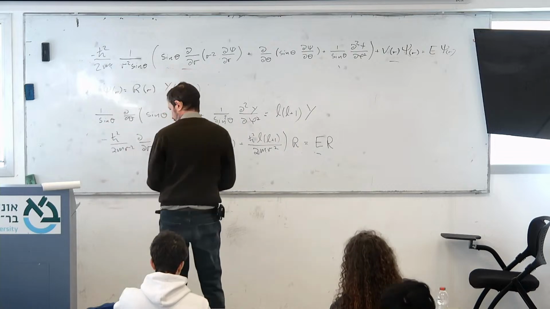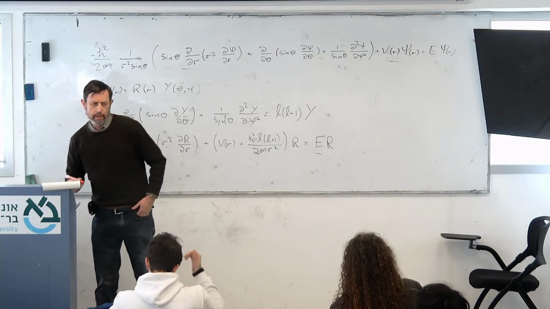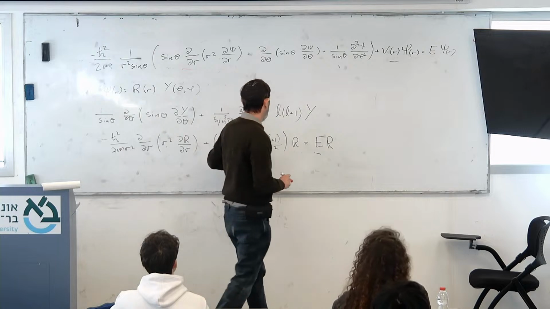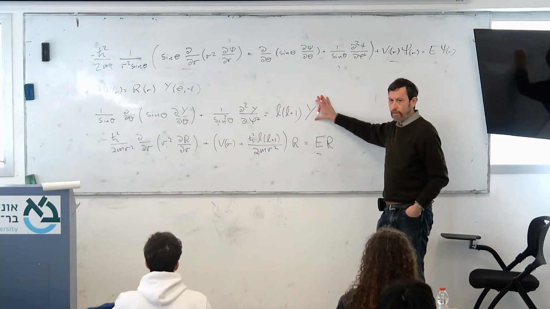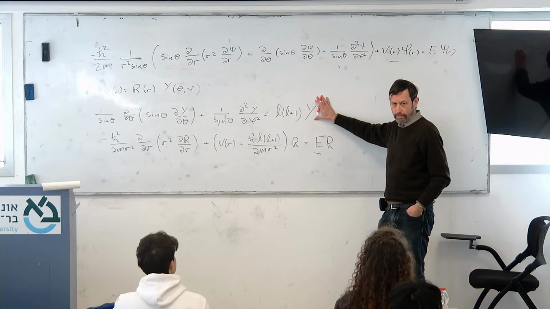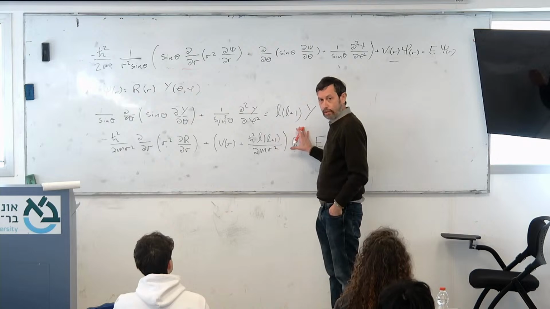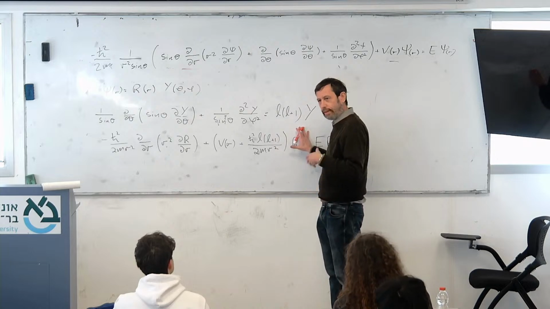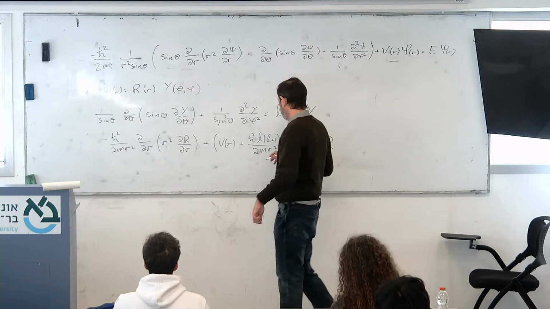Okay. Before leaving the part that is R dependent and concentrating on theta and phi, I would like to do some massaging to what's written here in order to bring it to a more familiar form.